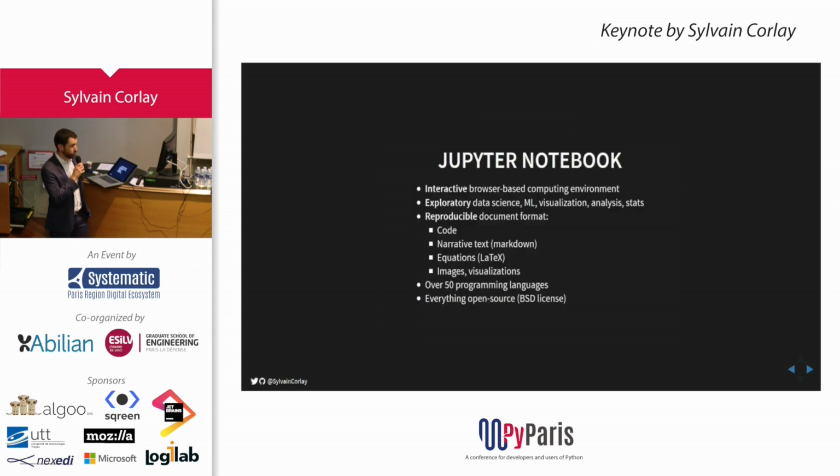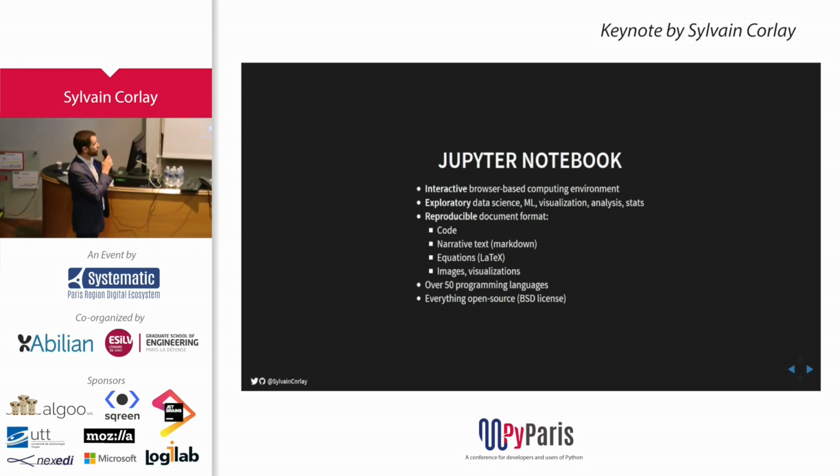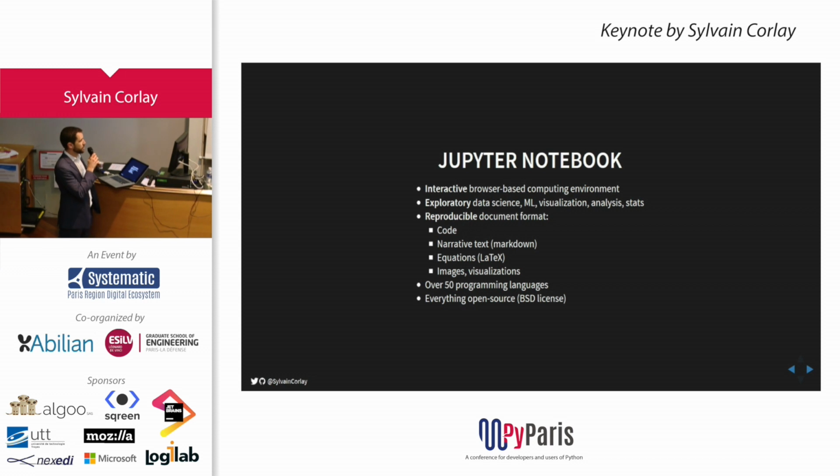So what's the Jupyter Notebook? It's an interactive browser-based computing environment, which enables exploratory data science, machine learning, visualization, analysis, and stats, and helps you produce reproducible documents with a well-specified format containing code, narrative text, equations, images, and visualizations.